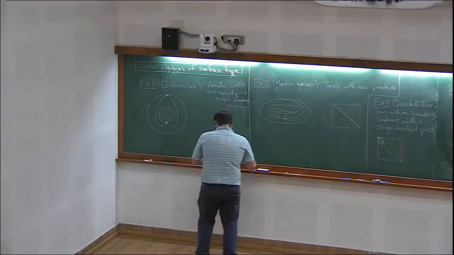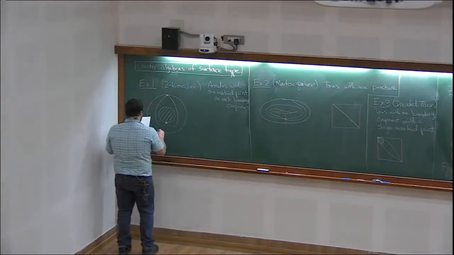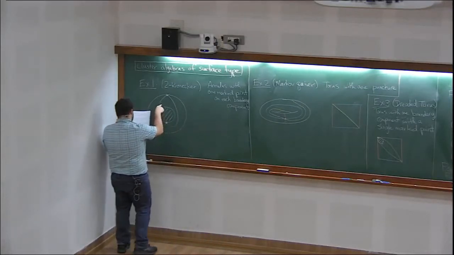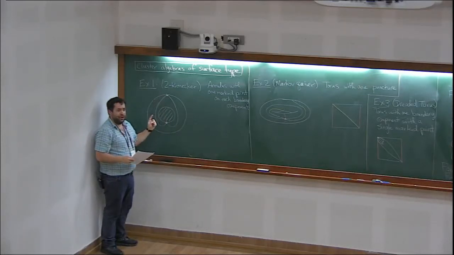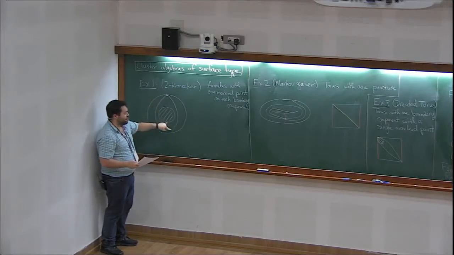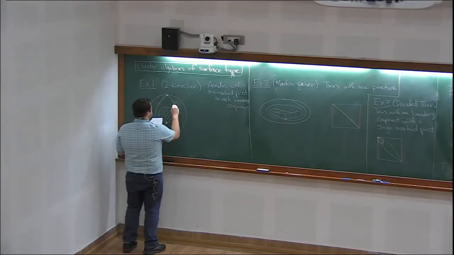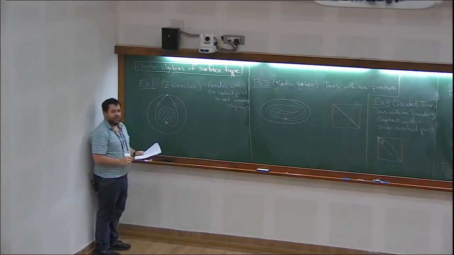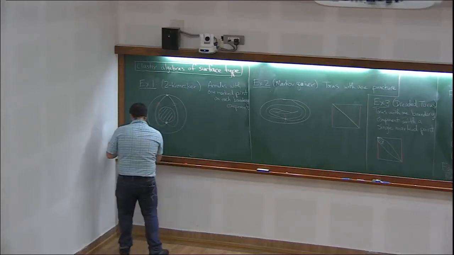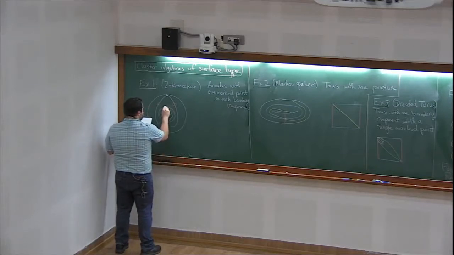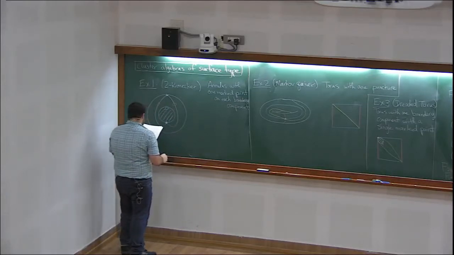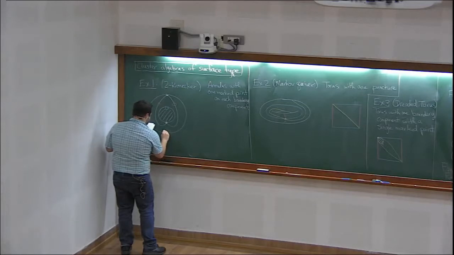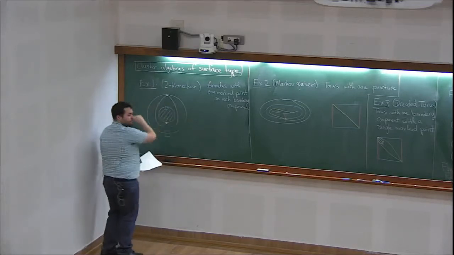I should have a vertex at every arc that's not a boundary arc. There are two such arcs, so I have two mutable vertices. Then I have a frozen for every boundary edge. Here's a boundary edge, I'll have a frozen, and here's another boundary edge, I have a frozen.